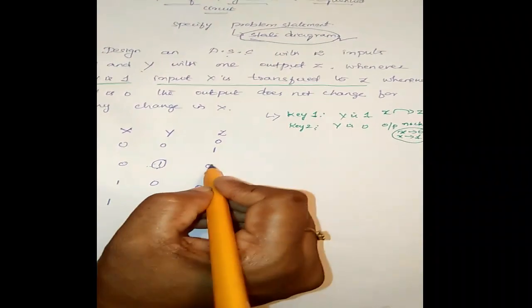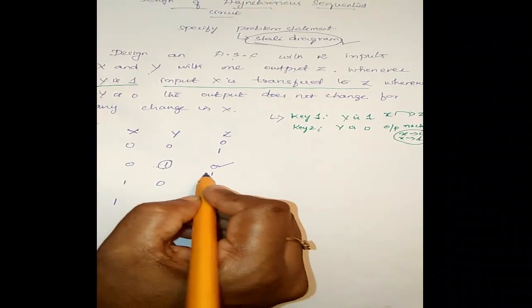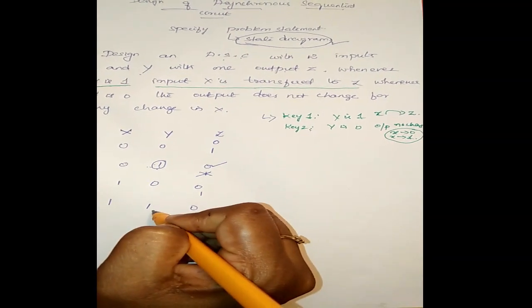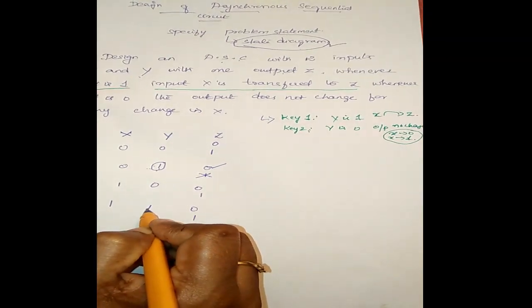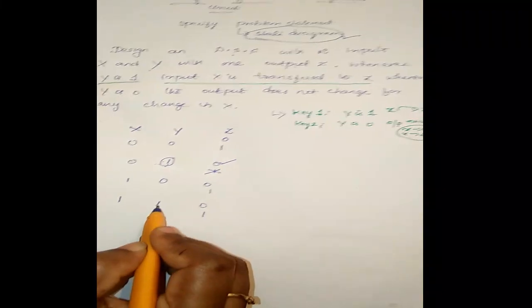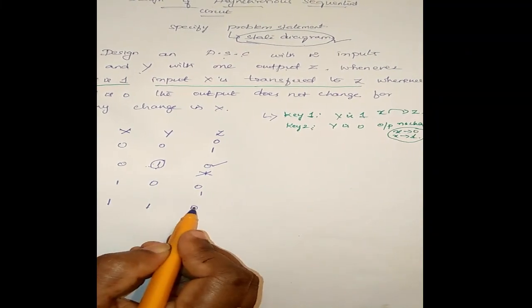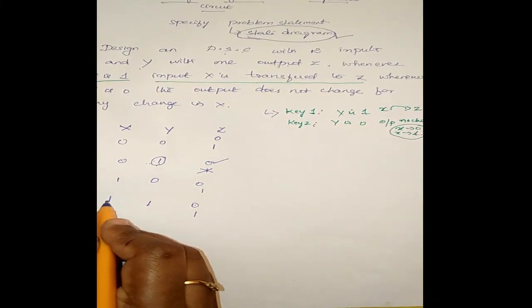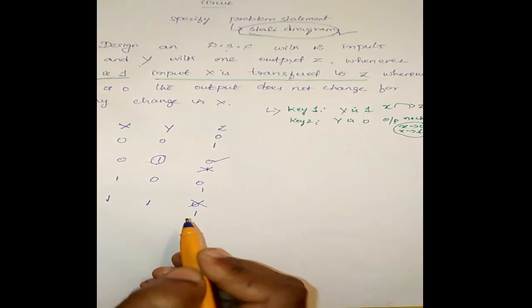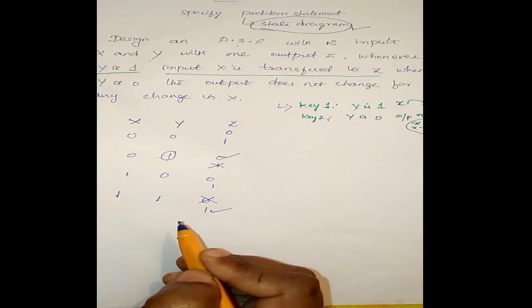So this condition holds good, and the other is not applicable. Next, where do I get a y of 1? Here, my input y is 1, so x is transferred to z, in the sense that my 1 has to come in the output. So this condition will be eliminated, and this will remain in the circuit.